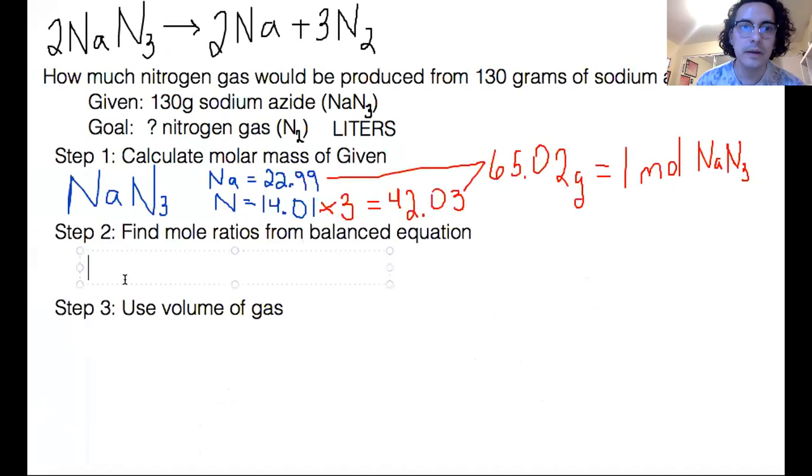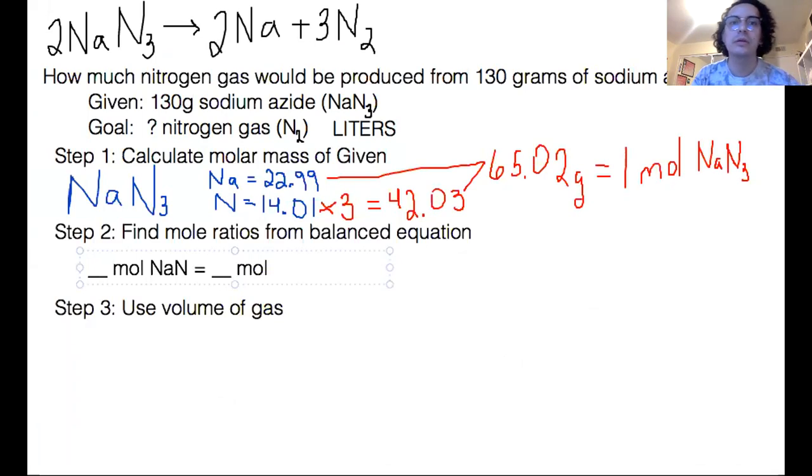So let's see. Moles of given. Our given is NaN3, equals the amount of moles of your goal, which is N2. Now, this is where we need our balanced chemical equation.